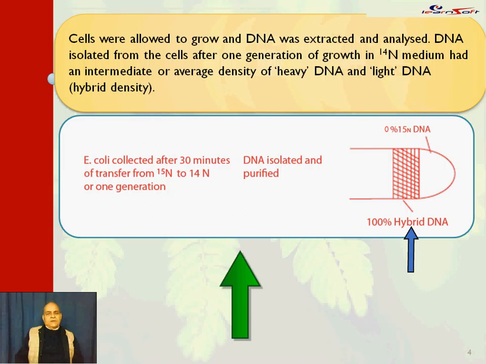That is, one strand was of 15N and one strand was of 14N, and that is how it was referred to as hybrid DNA, and 0% was 15N DNA.